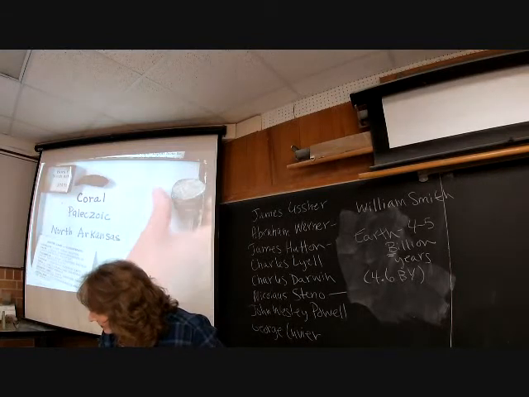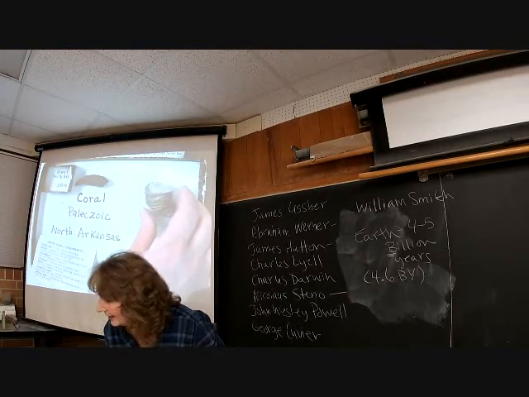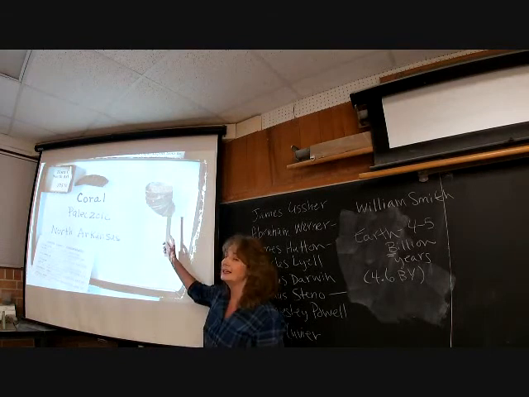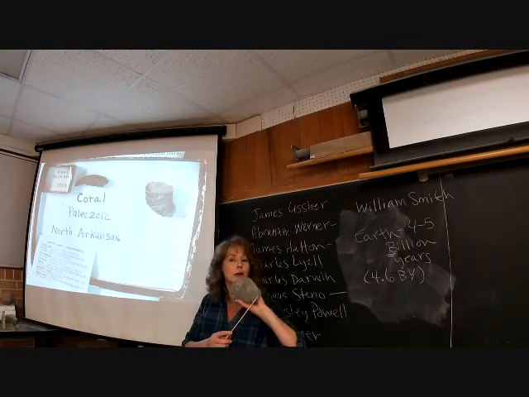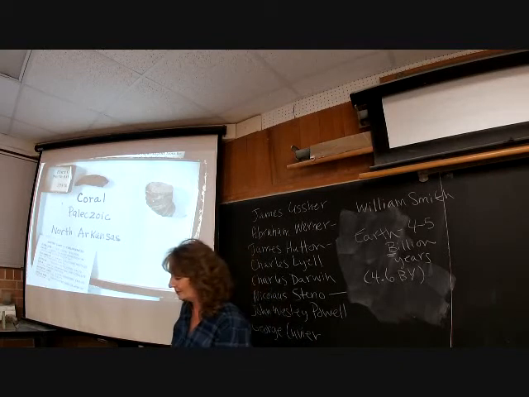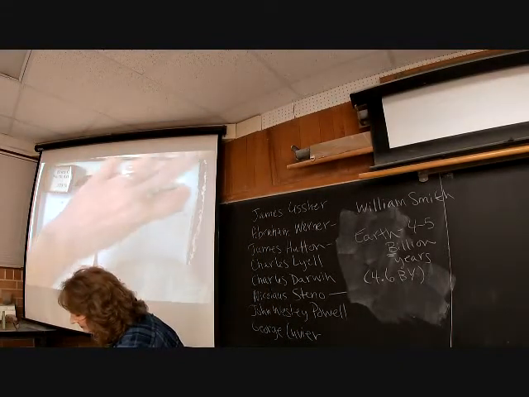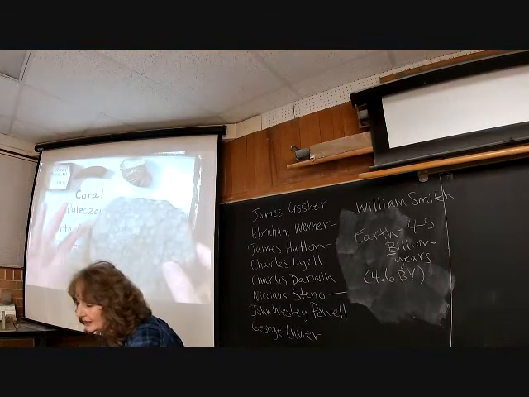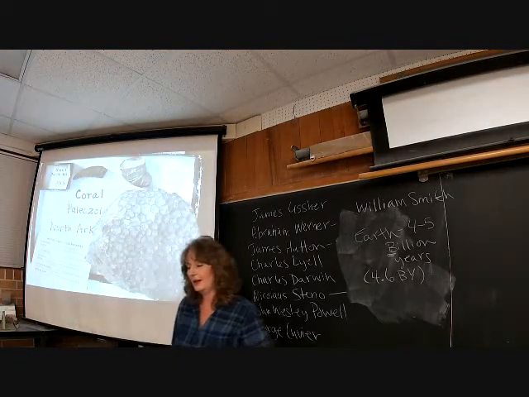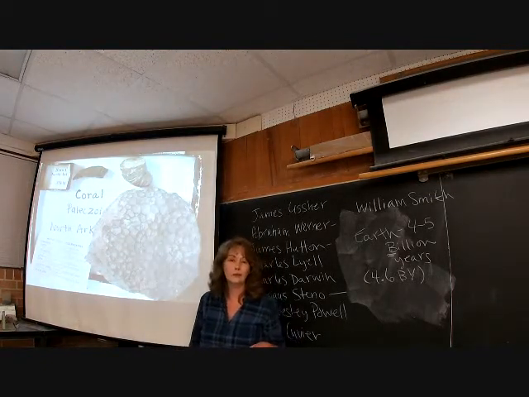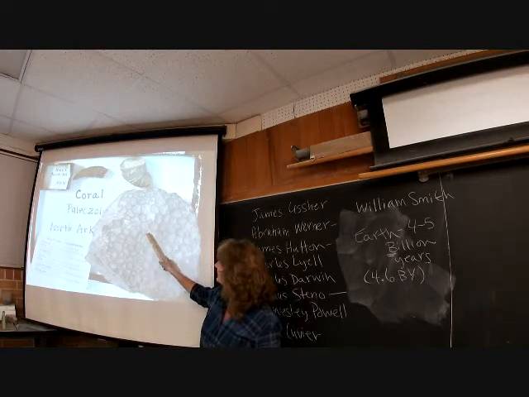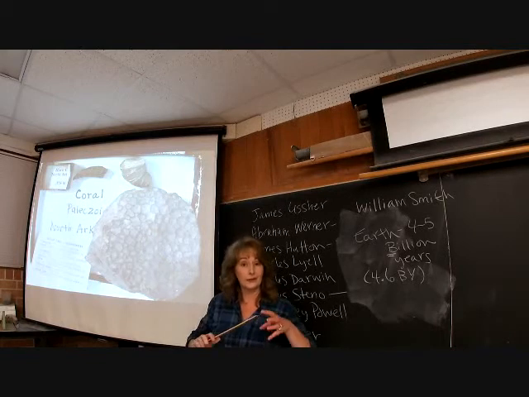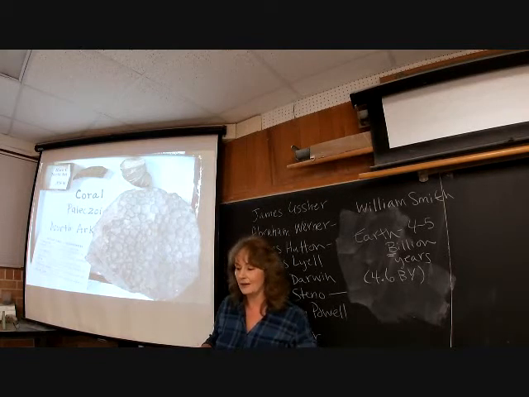There's that Rugosa horn coral. Singular solitary type corals, but I've also got in here colonial or colony type coral as well. But again, northern Arkansas, we see this in the rock, bedrock. But yeah, all of these would be a little coral organism, so a colony of them.